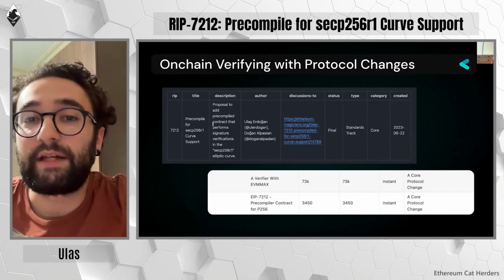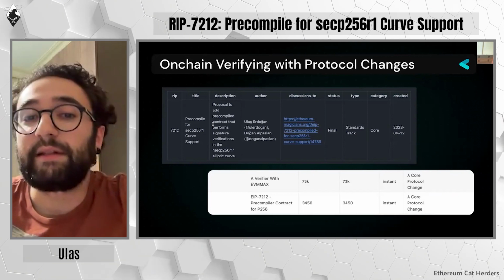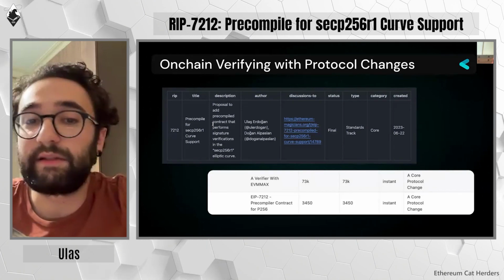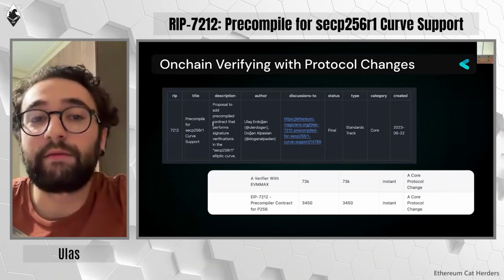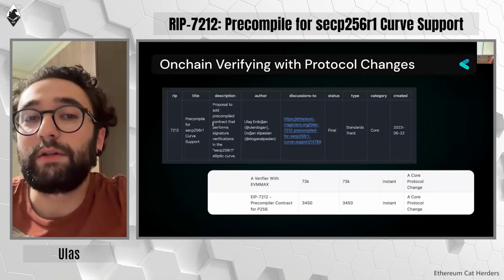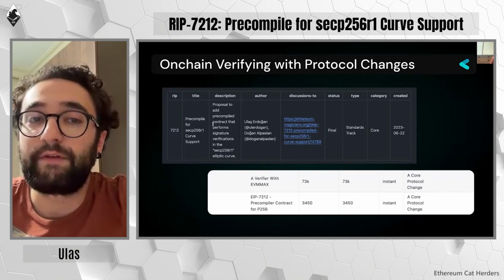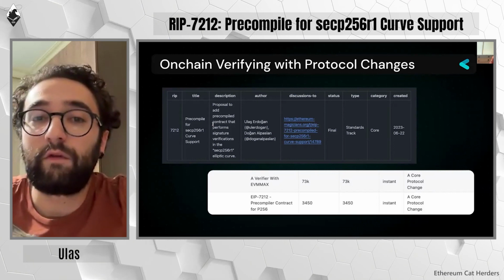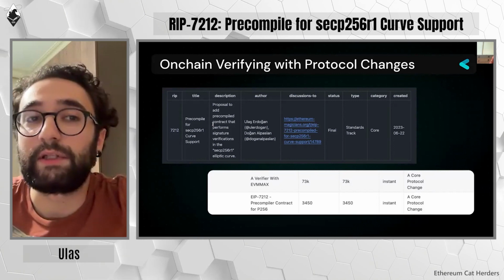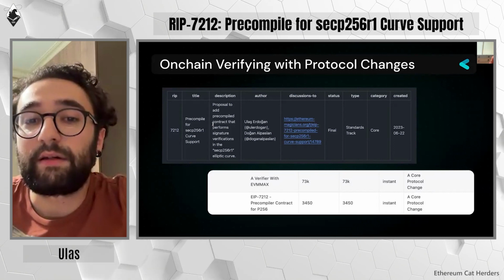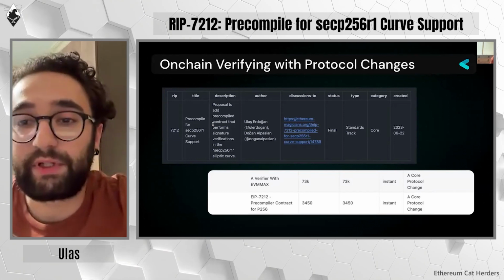It's also another EIP not implemented on mainnet, and it's estimated that it will cost more than 70,000 gas, with a possible protocol change. And we are recommending the other way of utilizing this curve. It's adding a new precompiled contract which executes verification operations for this R1 curve. And with our analysis on gas, comparing with other precompiles, we recommend around 3000 gas for this operation, similar to the EC recover precompile.